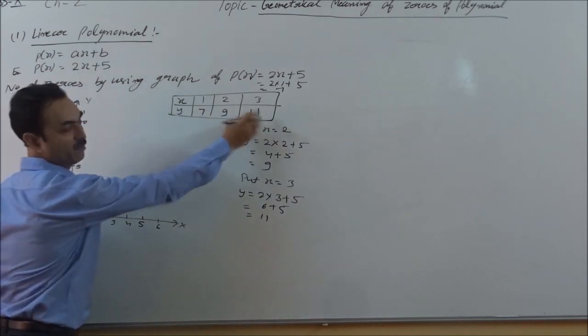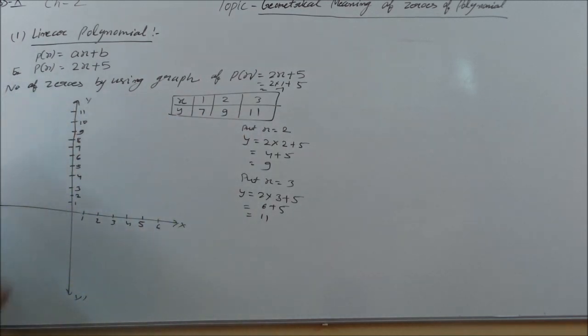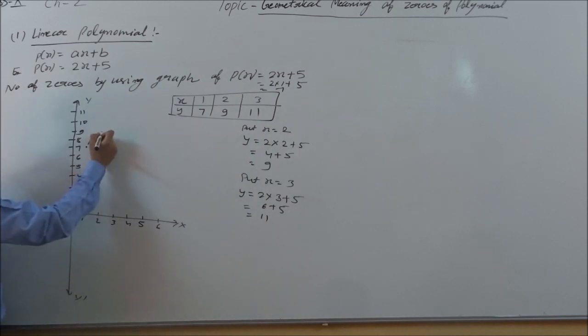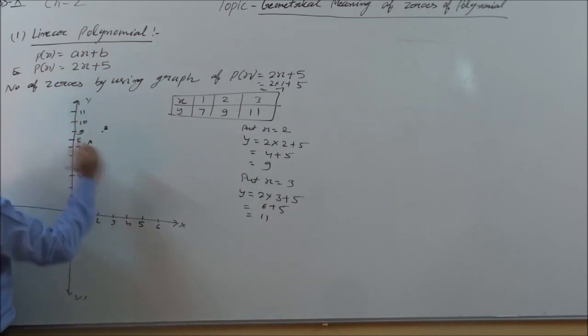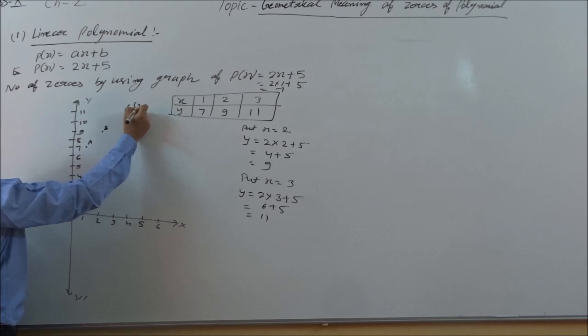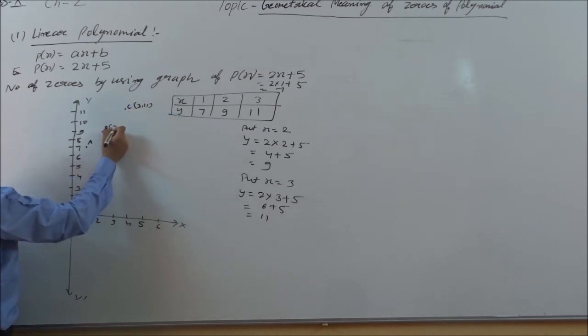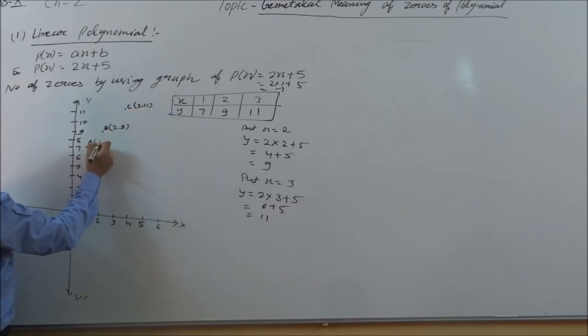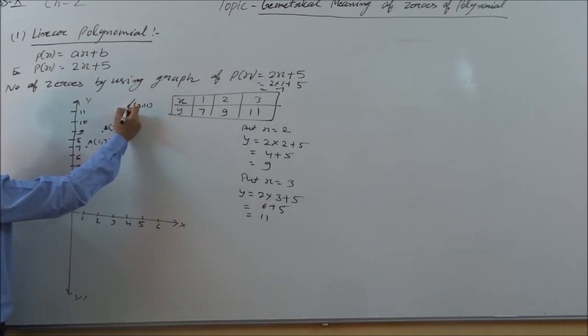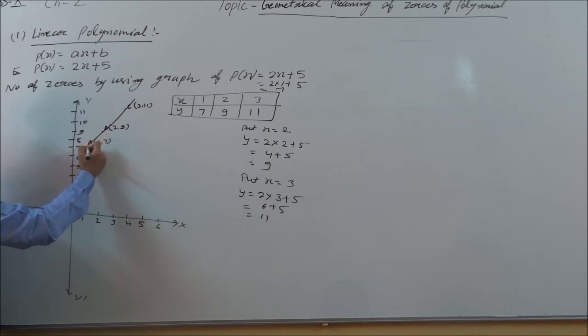Actually, we have to take y up to 11. So I make it again. First we put the first value 1, 7. This is the first point. 2, 9 is the second point, and 3, 11 is here. So when you join these 3 points, you will get a line.